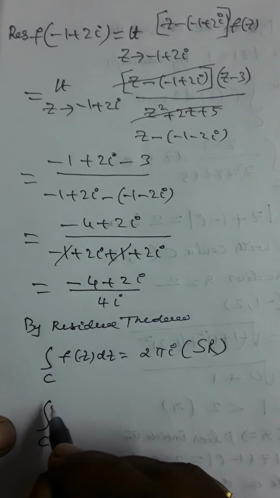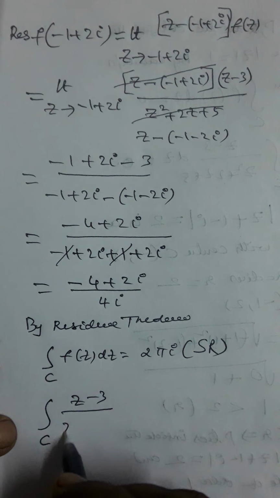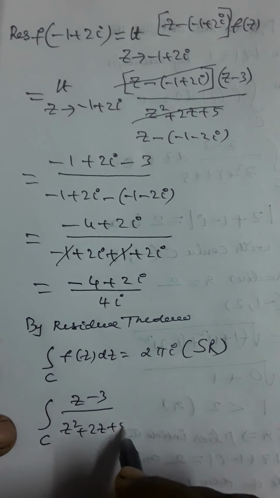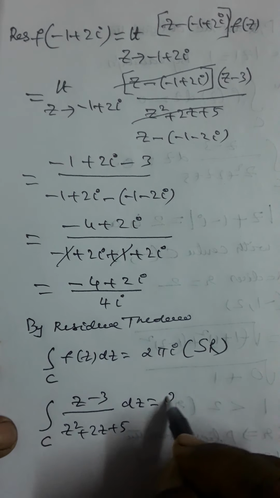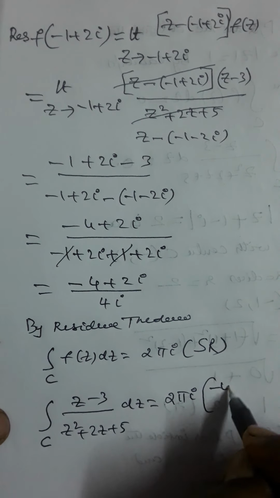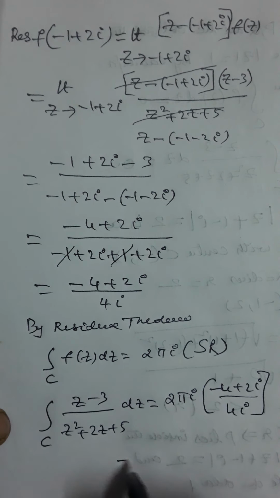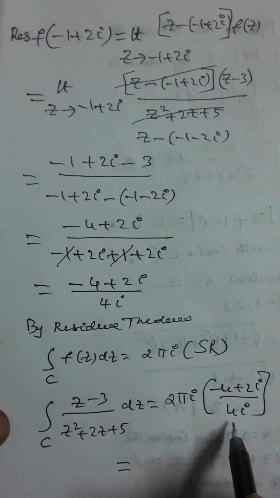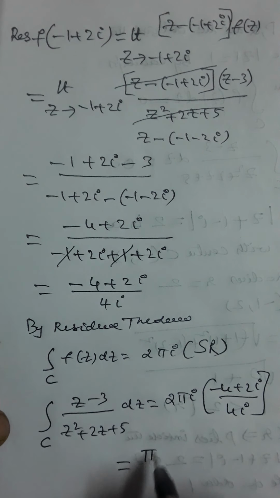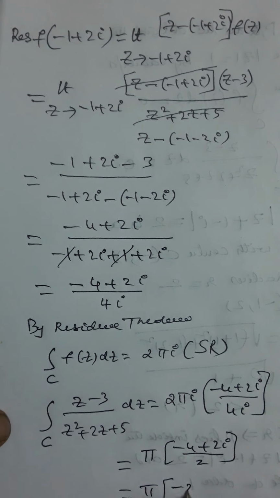So integral over C of (z minus 3) by (z square plus 2z plus 5) dz is equal to 2 pi i into (minus 4 plus 2i) by 4i, which is equal to, 2i cancel here, pi into (minus 4 plus 2i) by 2, which is pi into (minus 2 plus i).